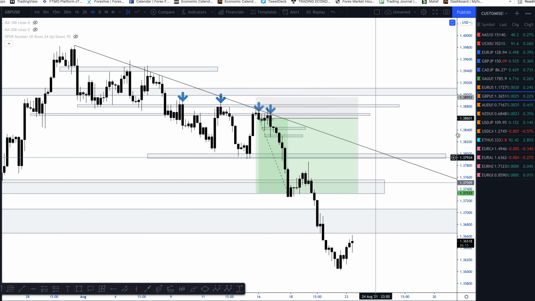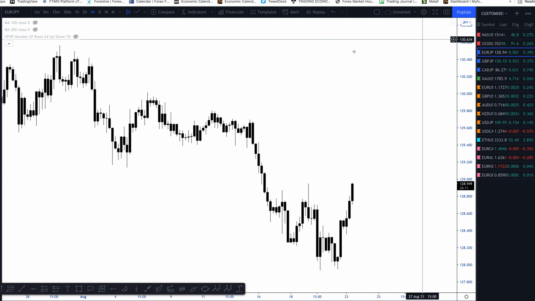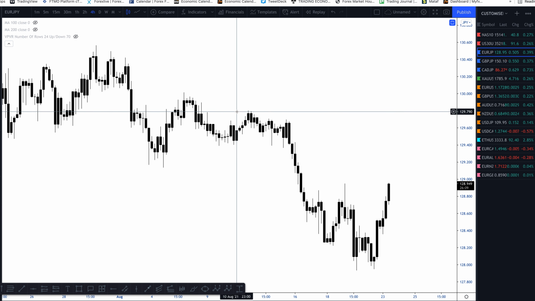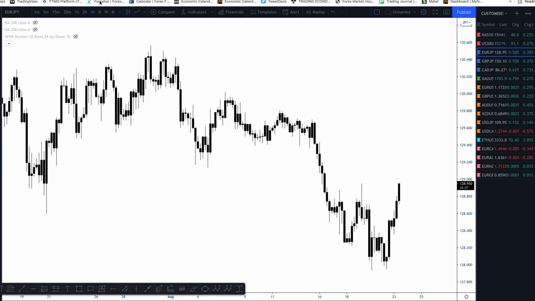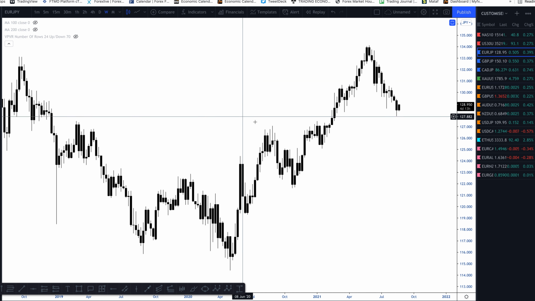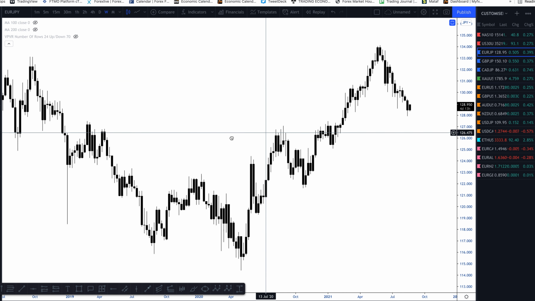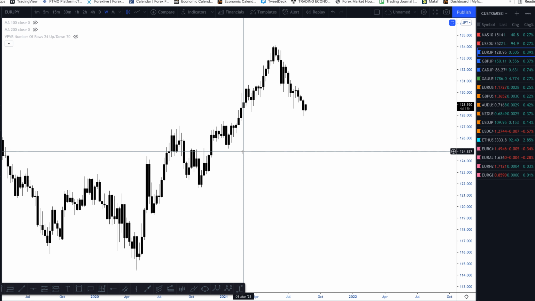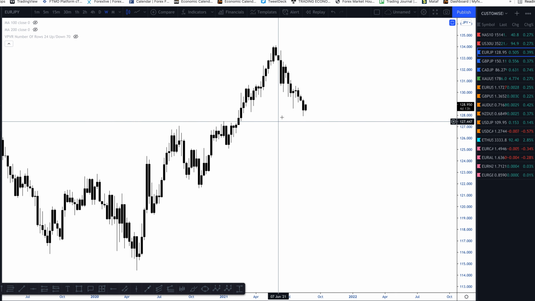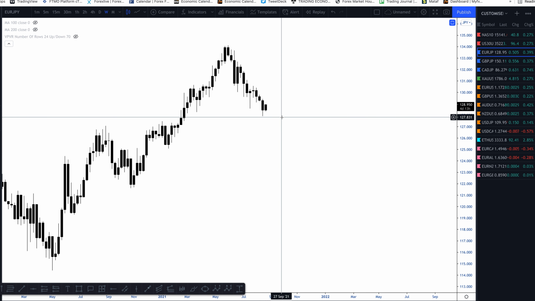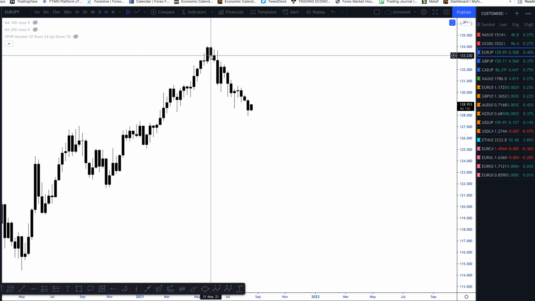So let's just go through a quick rundown. So Euro JPY. Let's see what's going on here. So we've been having a strong downtrend since the 31st of May.